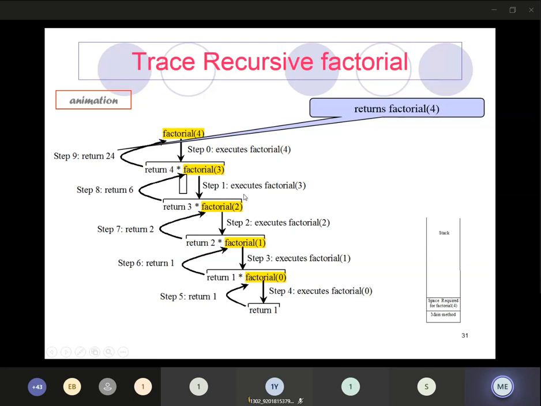So I have to write 4, then 4 multiplied by factorial 3, then 3 multiplied by factorial 2, then 2 multiplied by factorial 1, then 1 multiplied by factorial 0, and finally I have to write return 1. Then return 1 by 1, return 1; 1 by 2, return 2; 2 by 3, return 6; 6 by 4, return 24, and this is the factorial of 4. Clear?